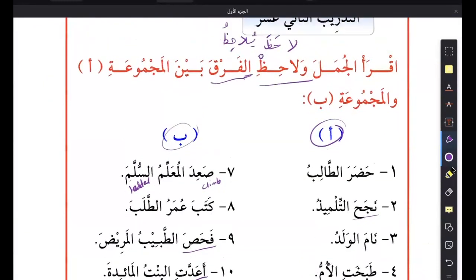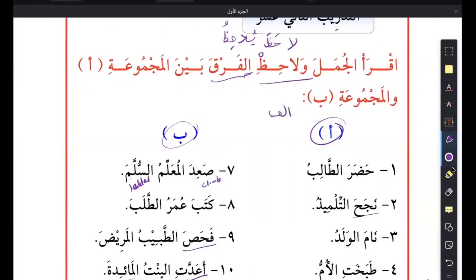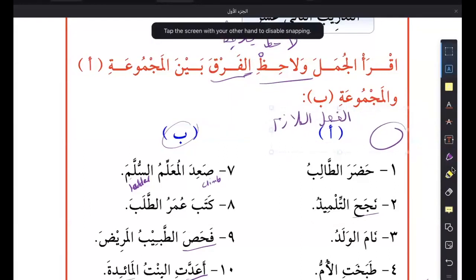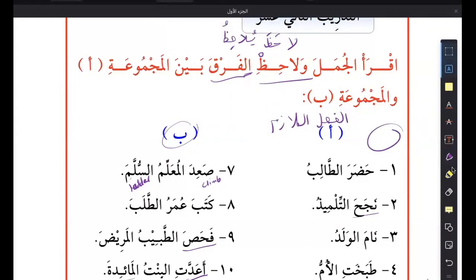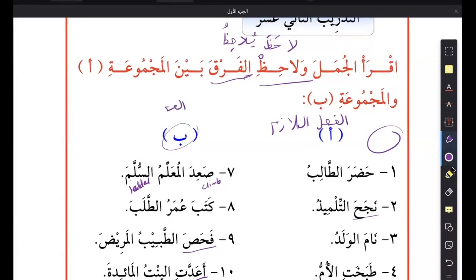Let me write it down. الفعل اللازم. This is the intransitive verb. Then we have the transitive verb, which is called الفعل المتعدي.